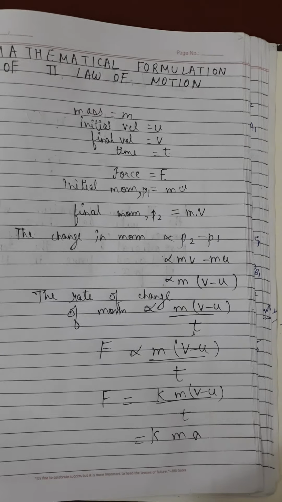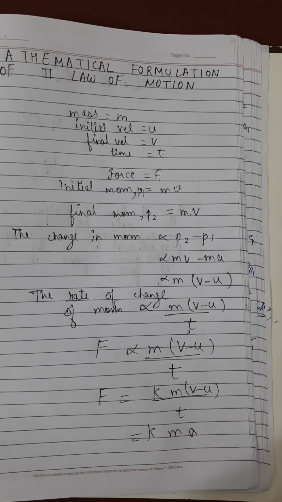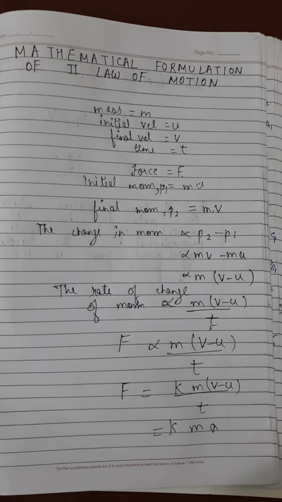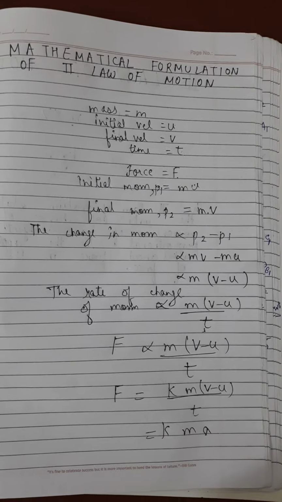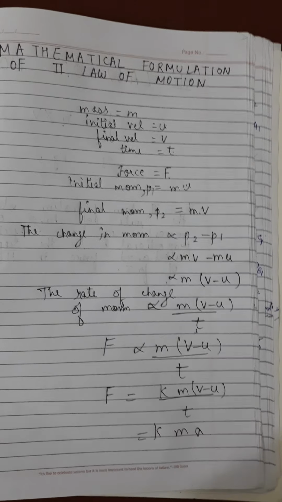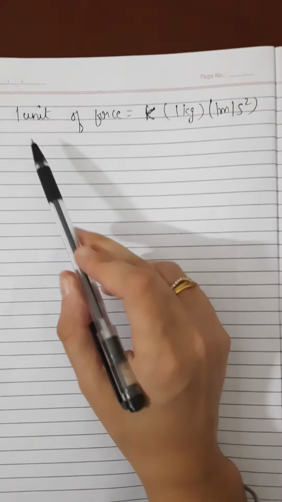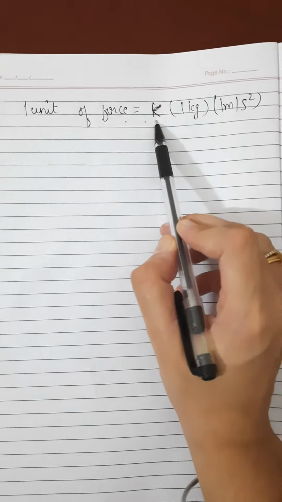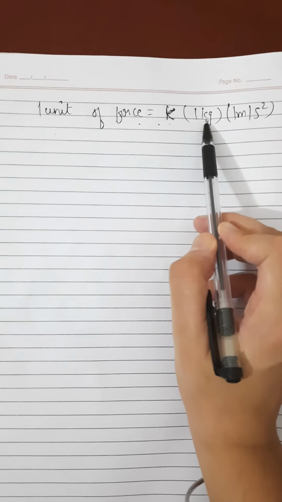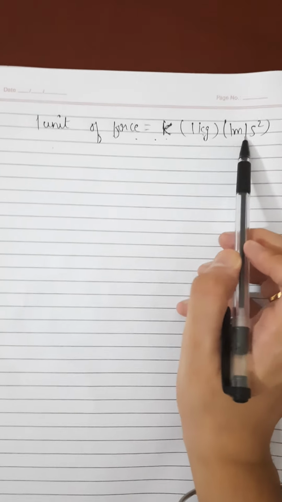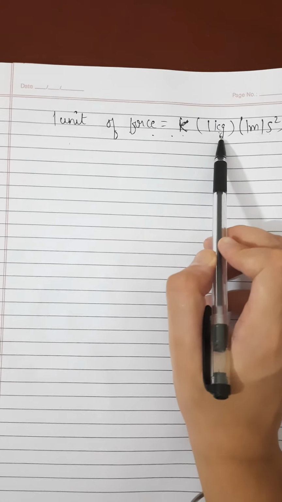For this, one unit of force is defined as the amount that produces an acceleration of 1 meter per second squared in an object of mass 1 kg. That is, 1 unit of force is equal to k into 1 kg into 1 meter per second squared. This is the acceleration and this is the mass.